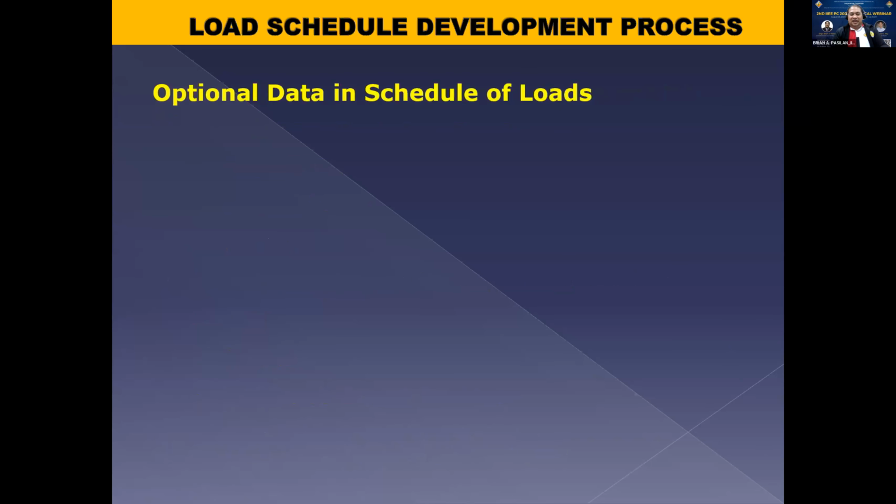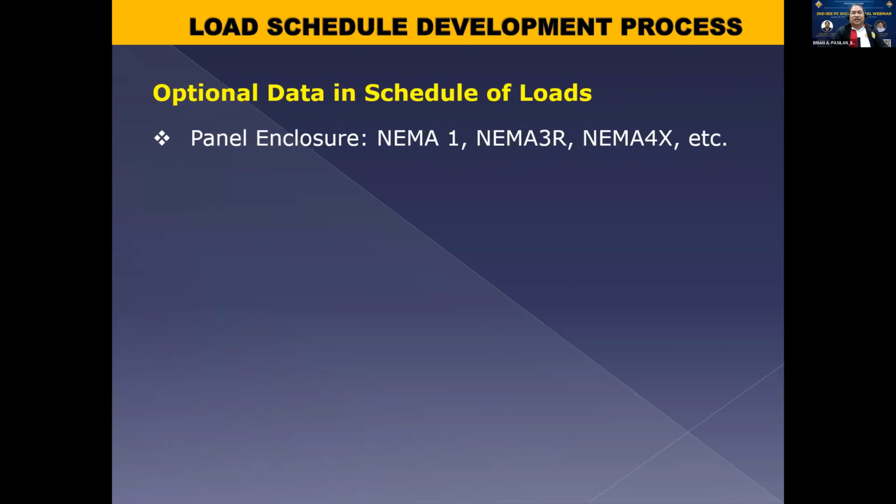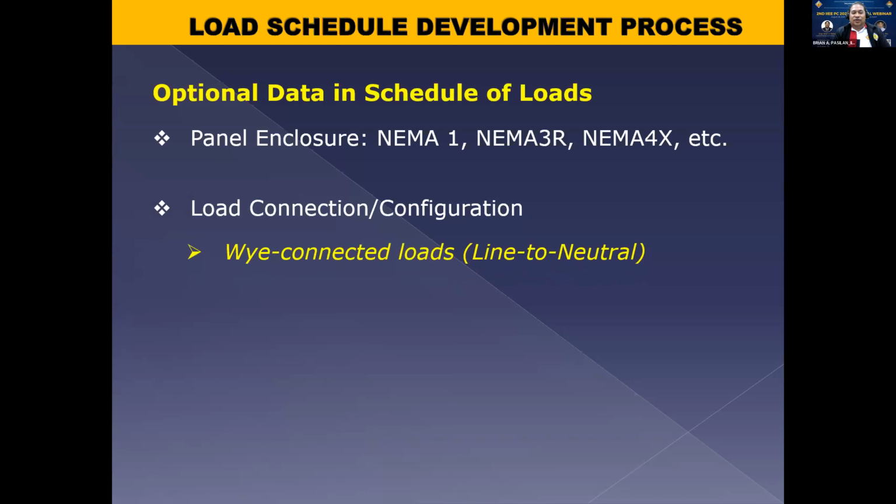So next, meron tayong optional data, no? Pwedeng wala, pwedeng lagyan nyo ito for additional information, for more clarity. So, pwede natin lagyan anong type of panel enclosure. Helpful ito sa mga panel suppliers natin para makita nila agad ano yung gusto natin sa particular panel board na ito. Ano ba yan? NEMA 1, NEMA 3R, NEMA 4X, etc. And ano yung load connection or configuration?